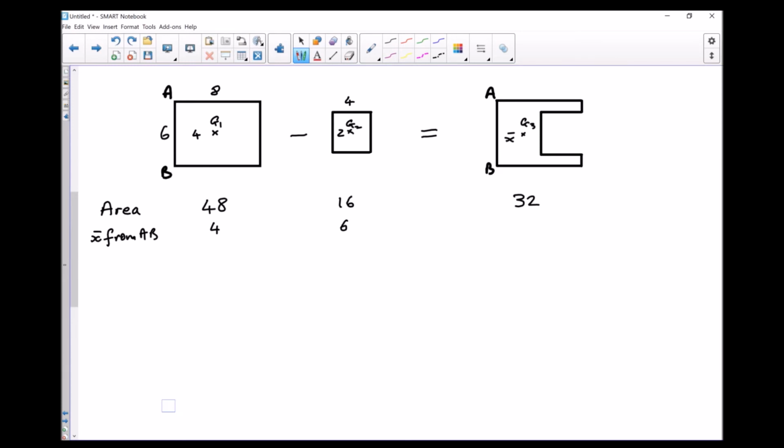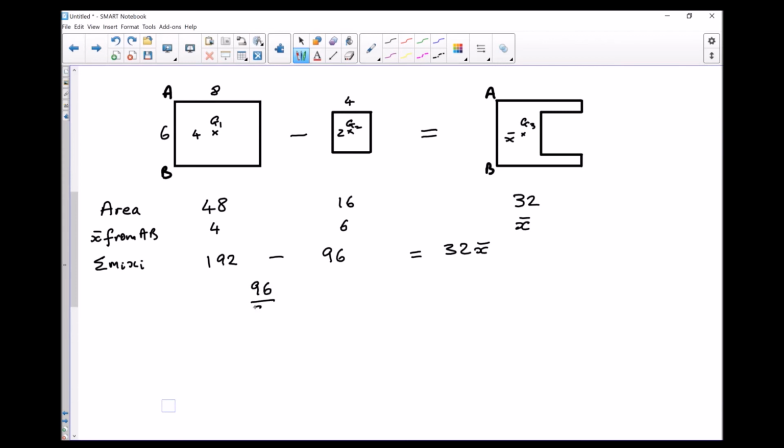And then we have x bar, which is what we're looking for. We do sigma m i x i, which is equal to 4 times 48, that's 192, minus, because we're taking away the square, 6 times 16 is 96, and that will be equal to 32 x bar. 192 minus 96 is 96.